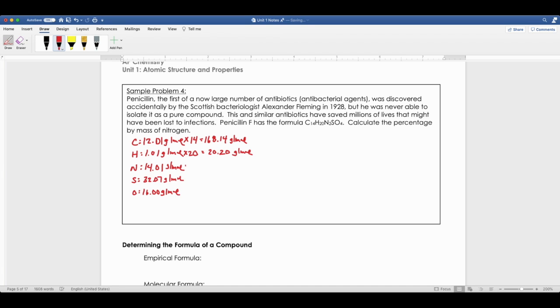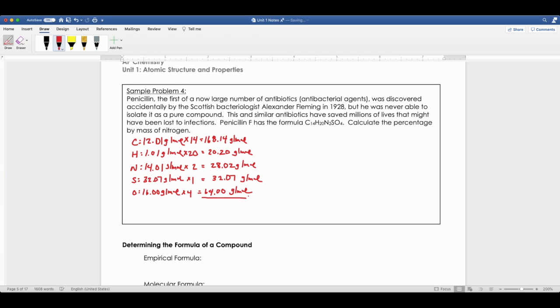20 hydrogens. Looks like there's 2 nitrogens, so I'll multiply that guy by 2. Sulfur, just 1, so I get the same thing there. I want you guys to get very comfortable keeping your units as well. So we want to write these out as explicitly as we can so we don't get units lost.